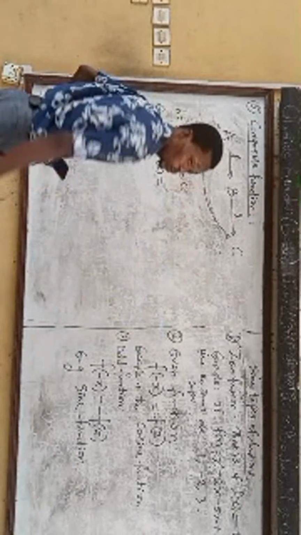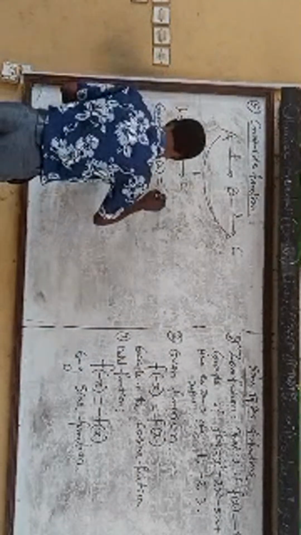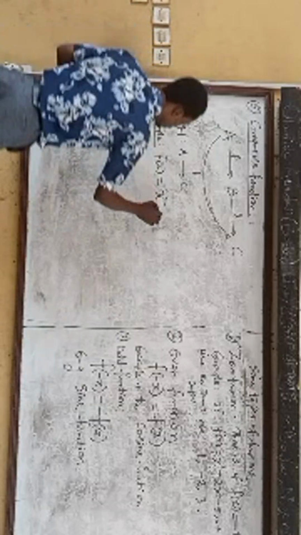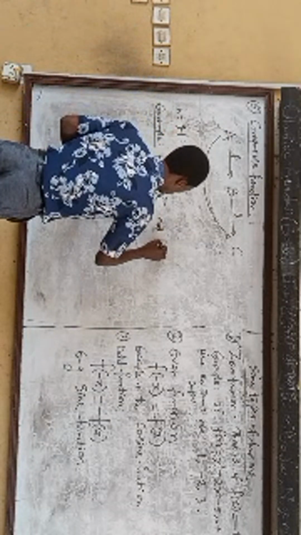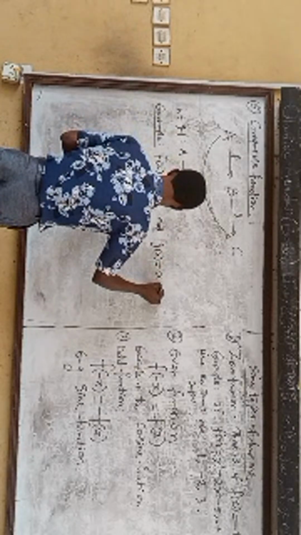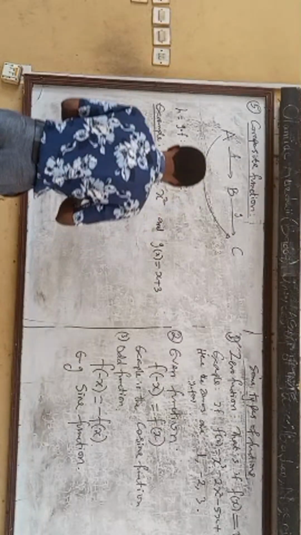Okay. So let's define a function f of x to be x squared and g of x to be x plus 3.